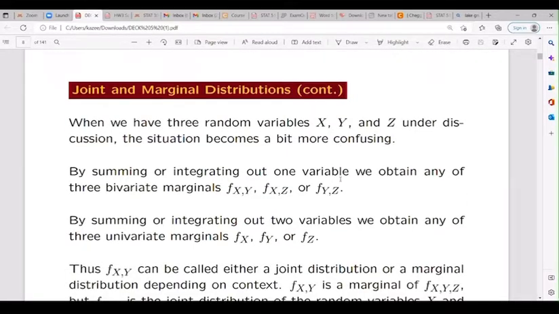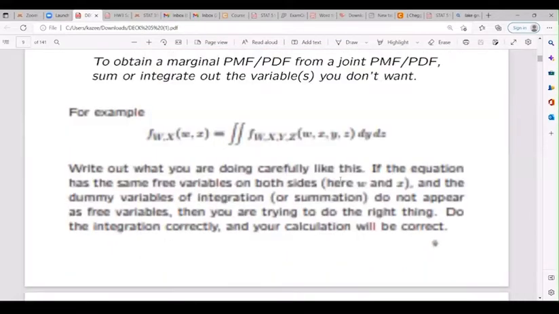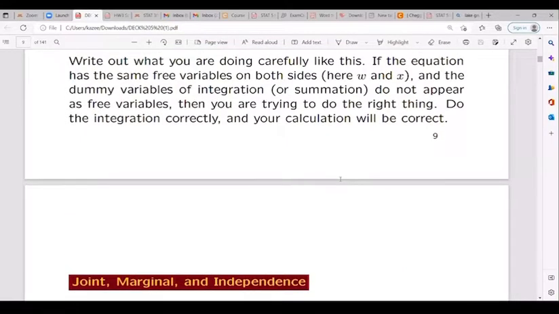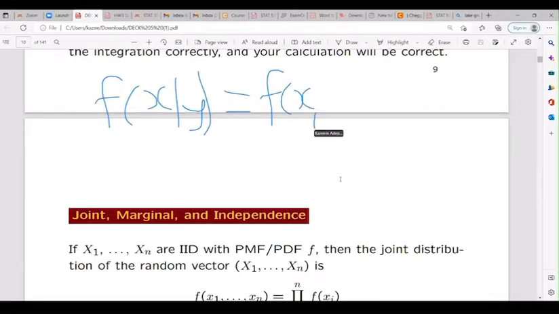Don't forget how we get the conditional function. If you want to find f of x given y, it's basically the joint, don't forget that, divided by f of y.